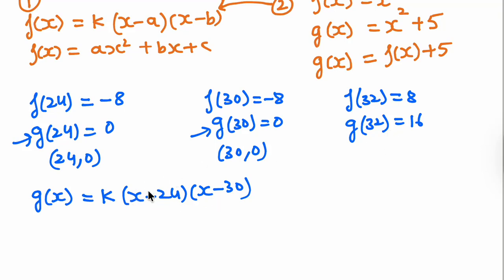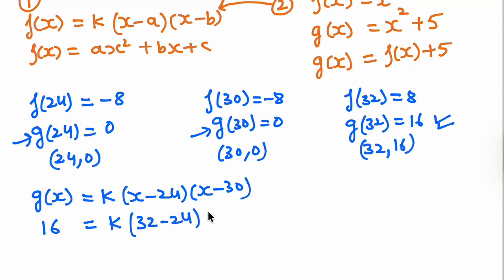In a quadratic equation, we have two factors. Now I don't have the value of k, so I will use this one to find the value of k. That means what are the coordinates? When x is 32, y is 16. So let's put g(x) is 16, k, and this is 32 minus 24, and this is 32 minus 30, is equal to k.